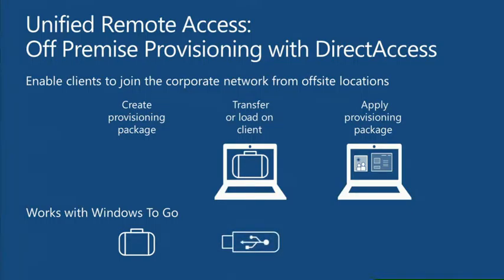You apply the provisioning package onto the Windows to Go OS, and now on the Windows to Go machine, you have a fully functioning DirectAccess connection. So this is a really exciting new scenario that we've enabled in Windows 8 and Windows Server 2012.